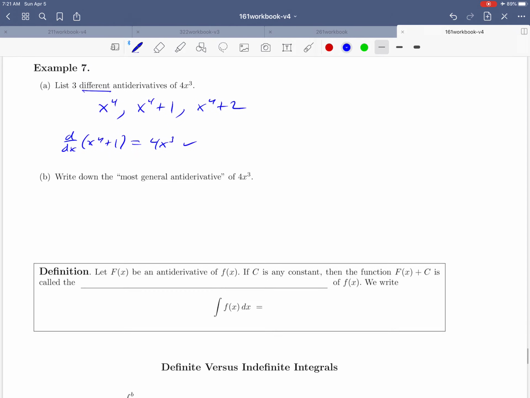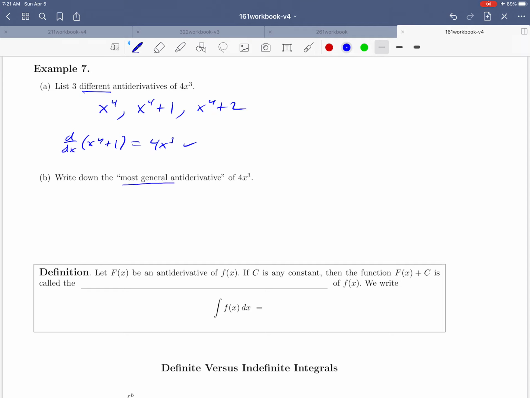And so we come then to the idea of what's known as the most general antiderivative, one expression that describes all of the antiderivatives at once. So in general, we could say that f of x equals x to the fourth plus any constant c is a way of representing every possible antiderivative at once. And this is what we call the most general antiderivative.